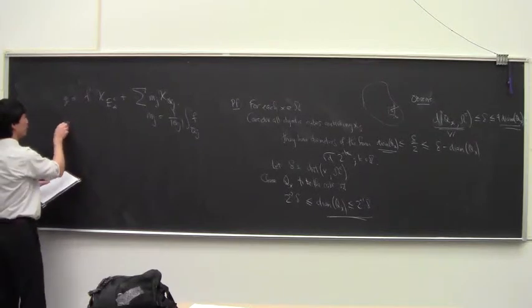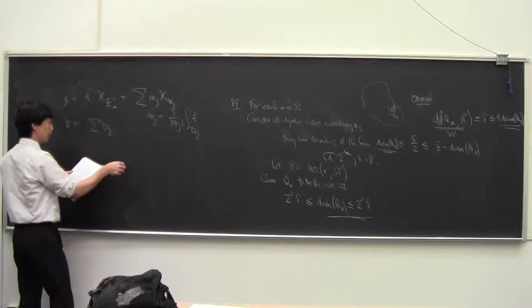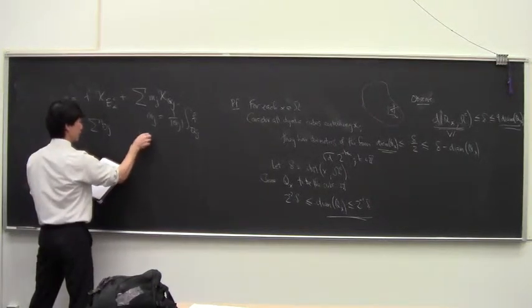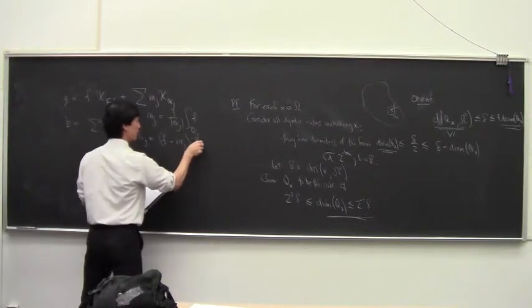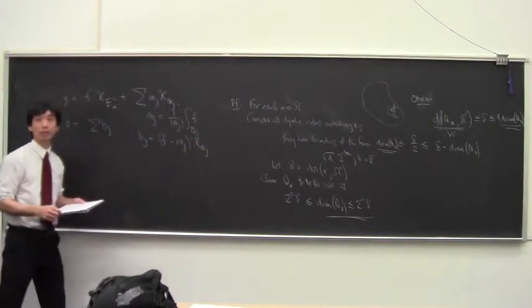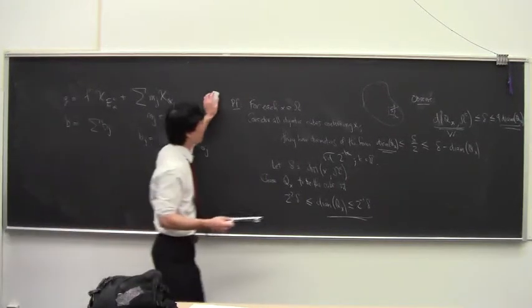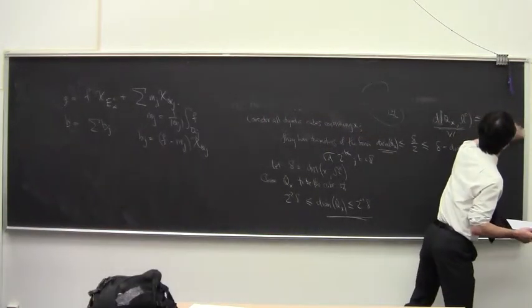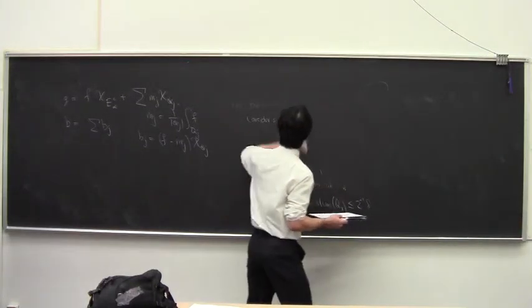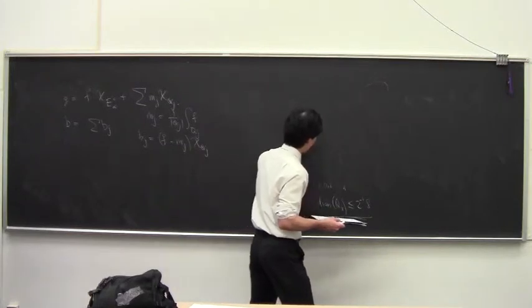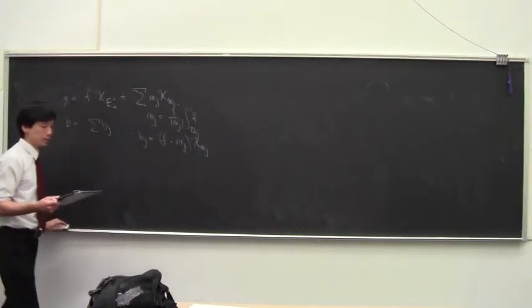And you let v be the sum of b sub j's, where each b sub j is the function minus its average, times the characteristic function of the cube.